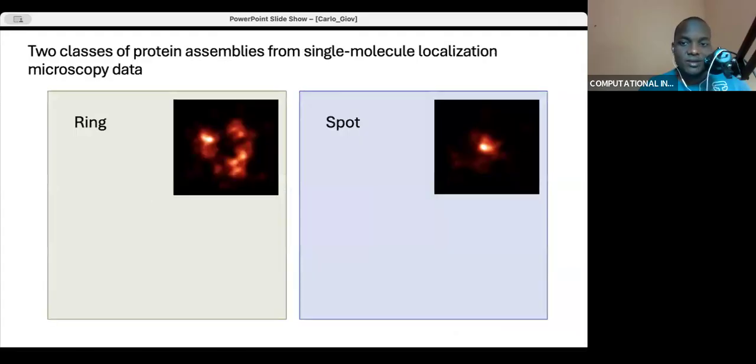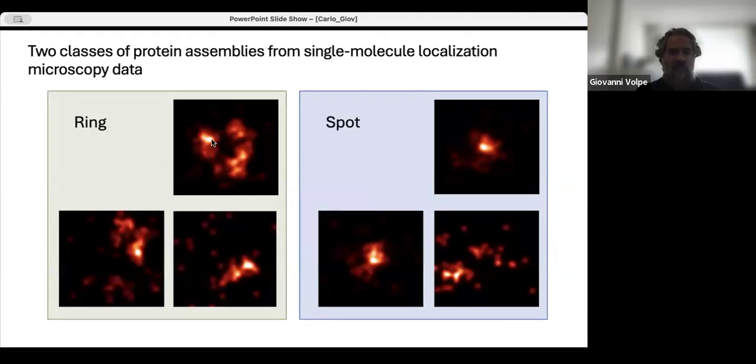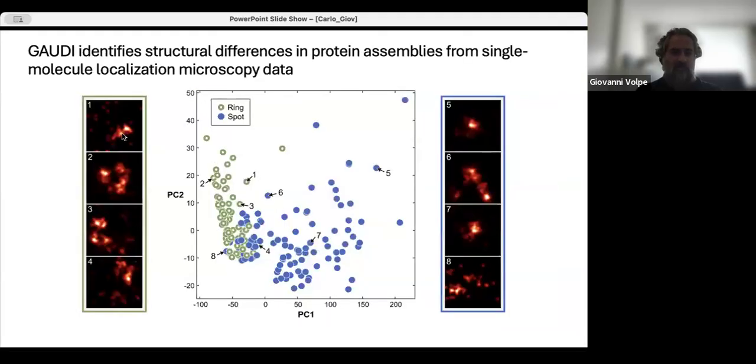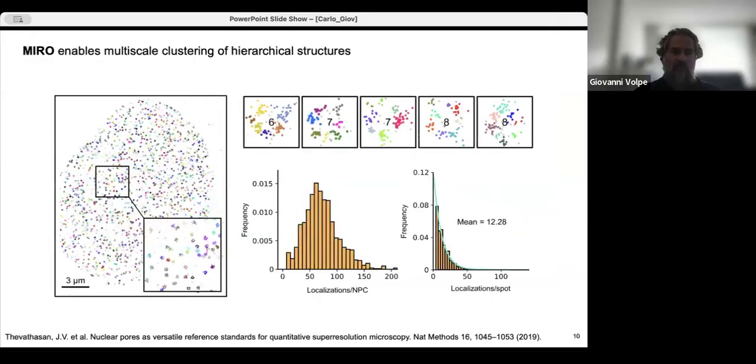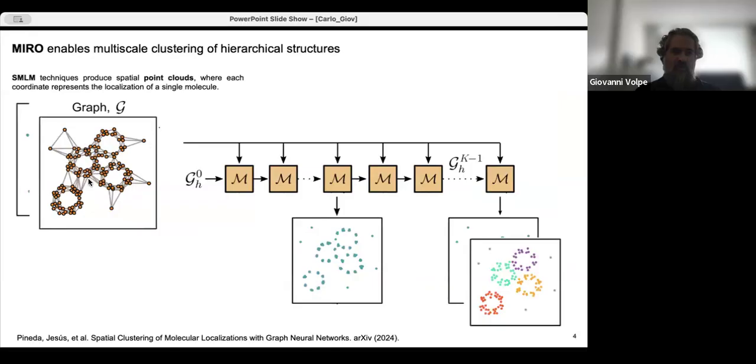In this case, this is not passed as an image, but as a graph, so this is transformed into a graph first. This is a set of localizations which produces a graph very similar to the one you have here. It's exactly like in this case, because it's the same imaging. Imagine that each of these points is a localization. Then we can construct a graph of the localizations.